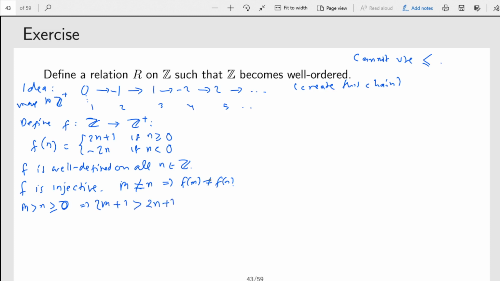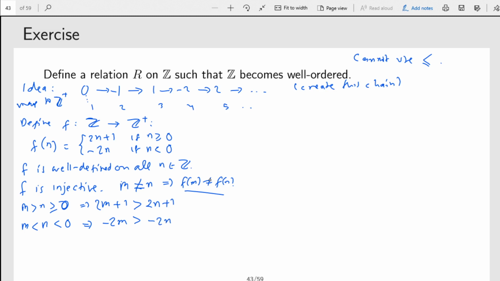Also, if m is less than n and both are less than 0, then minus 2m is bigger than minus 2n. So it's just not the same.